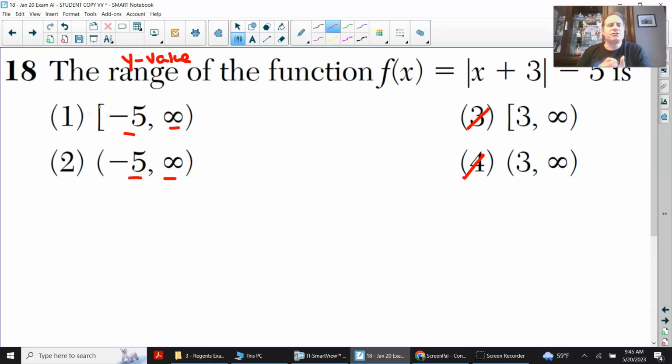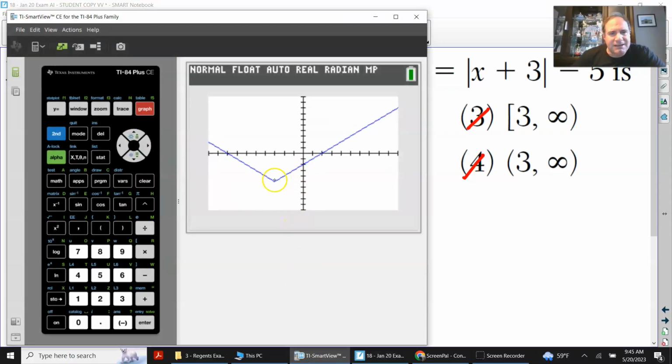These brackets, just remember, the bracket means that it is equal to -5 and not the parenthesis. The parenthesis means that it's not equal to -5. All right, remember, it is equal to -5 because it meets there. Like it hits -5.